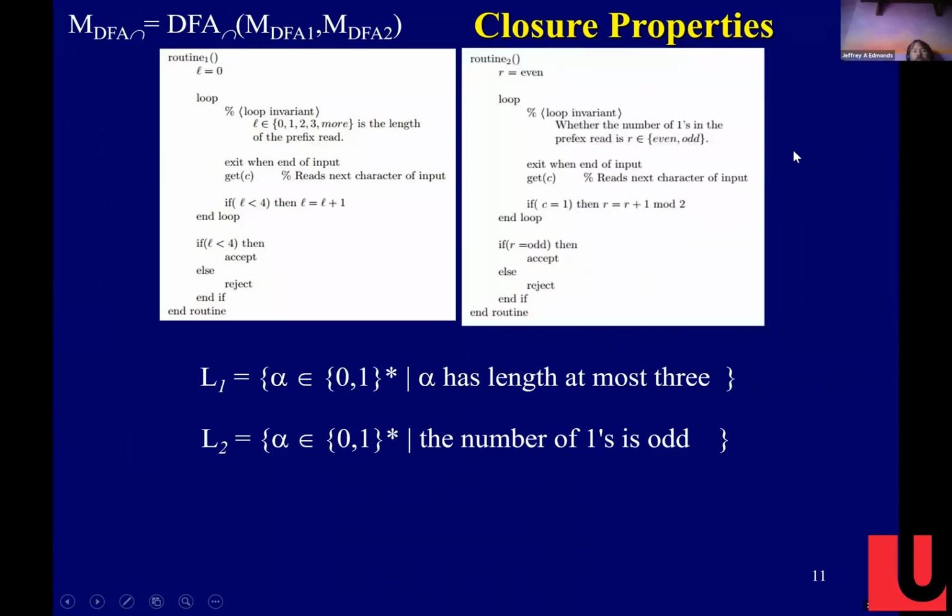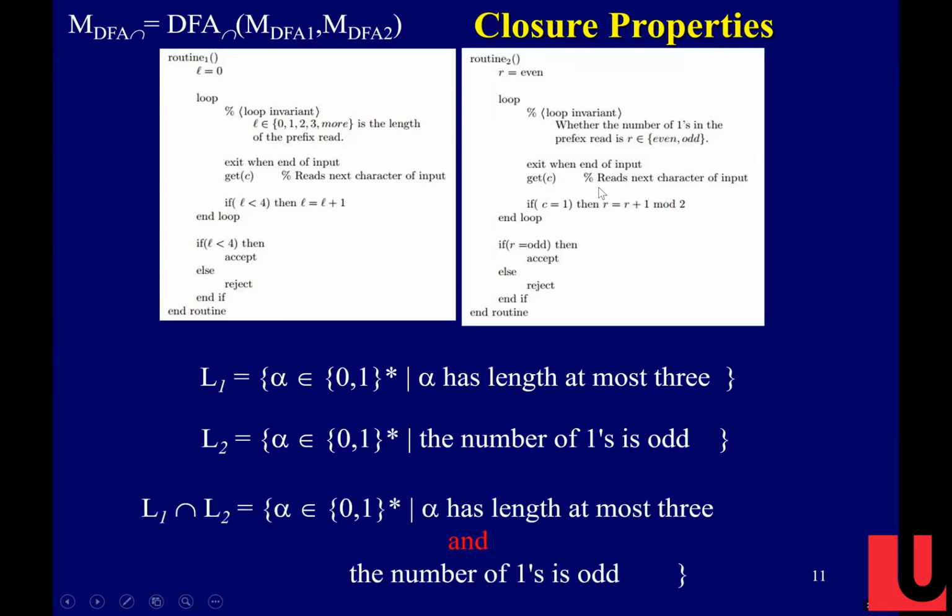So here's a piece of code that figures out whether the number of ones is even or odd. And what we want is a machine that does the intersection. We want to say yes if it has at most 3 characters and the number of ones is odd. How do we do the and of these two?